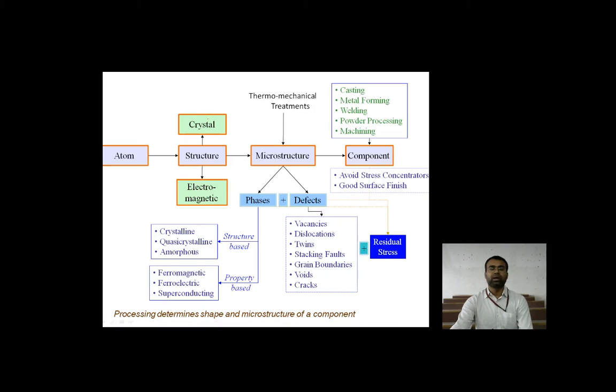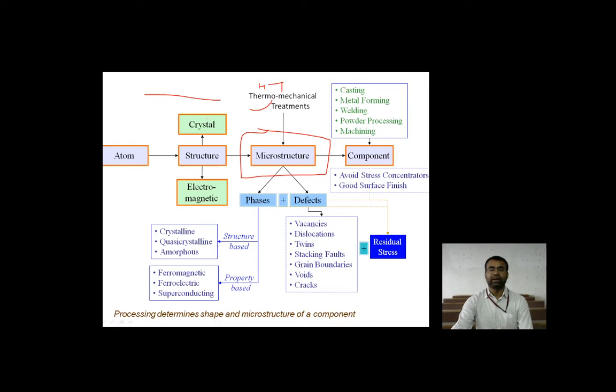By doing this, we can change, improve, or enhance the properties of the material through thermomechanical treatment. If we have made a component earlier and we need to improve or decrease some property of the material, or enhance a particular property, we treat it by thermomechanical treatment, which is also called the heat treatment process.